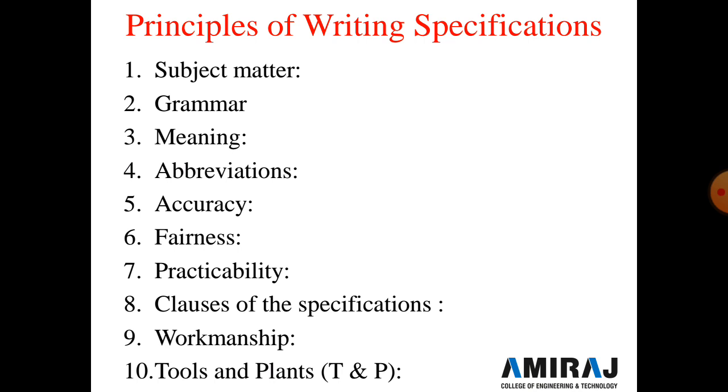Now the eighth point for the principle of writing a specification is clauses of specification. As far as possible, clauses shall be arranged in the order in which work shall be carried out. This does not mean to follow the work according to the order of clauses.